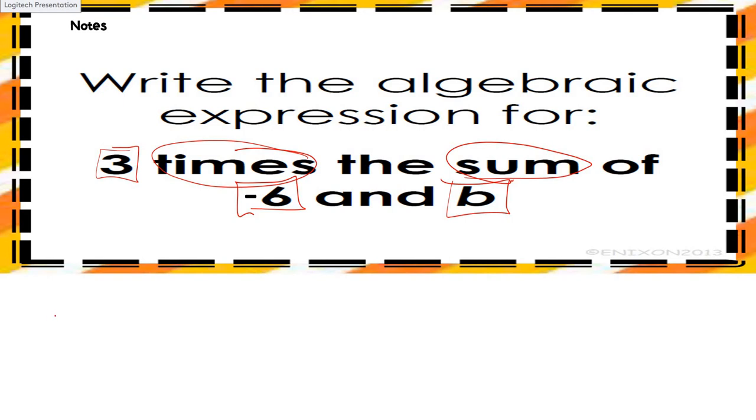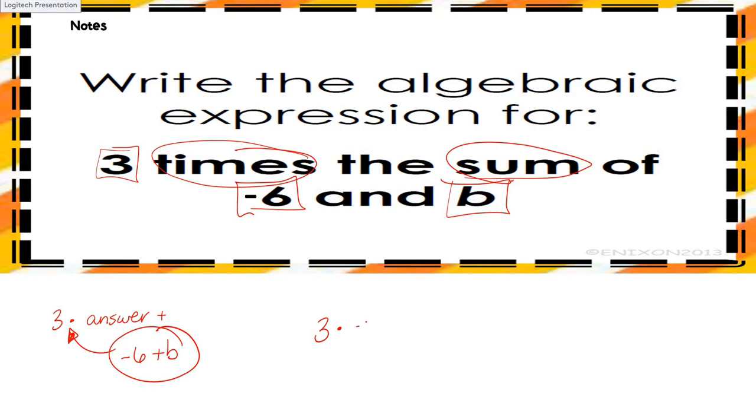So here, this tells me I want 3 times the answer to the addition problem. So in order to make that answer to the addition problem happen first, and that addition problem, in this case, is the sum of negative 6 plus b. So I want the answer to this, and I want to multiply it by 3. So I would take 3 times.